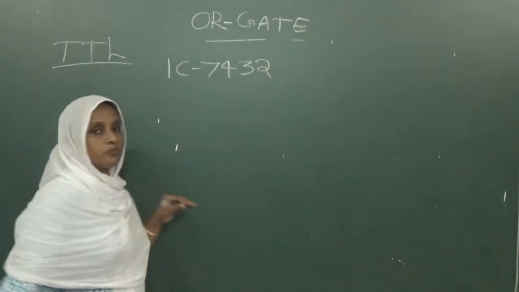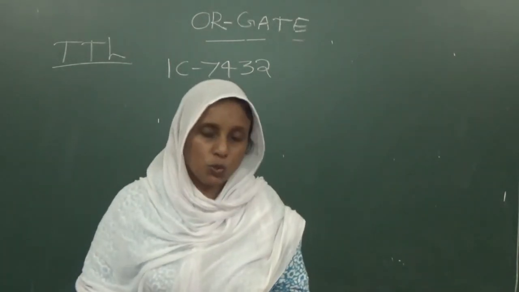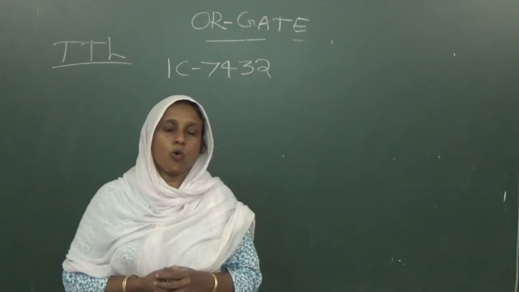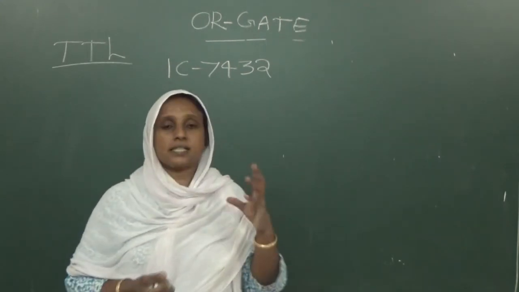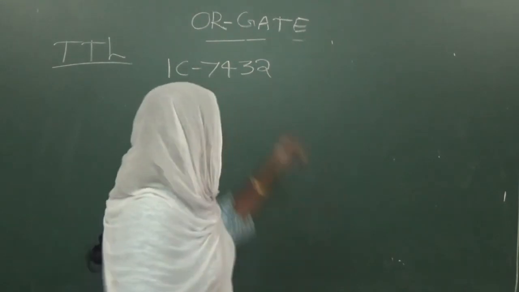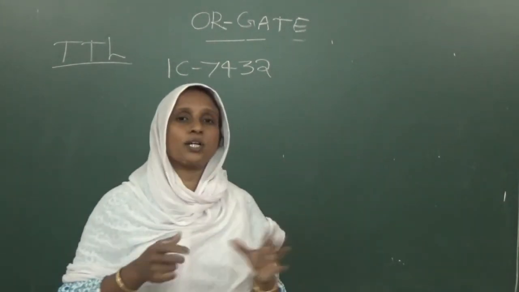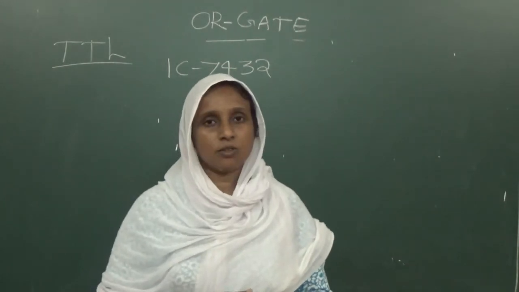IC 7432 is used to get an OR gate to construct logic circuits in the laboratory. Okay, IC 7432. This is also a 14-pin IC.